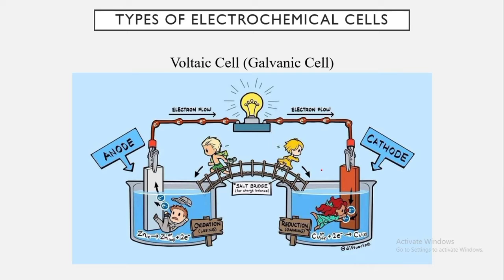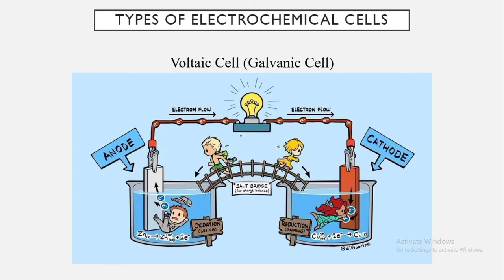Deposition, based on the galvanic series, how close they are, with one being noble and one being the base metal. So then we have two types of electrochemical cell: the Voltaic cell or the galvanic cell, and the electrolytic cell.